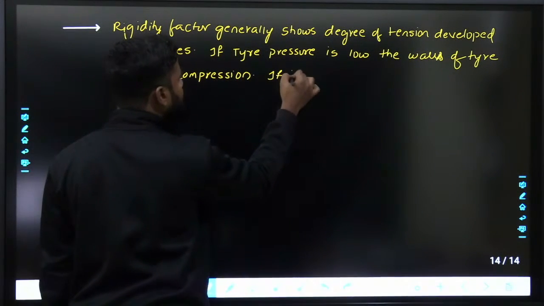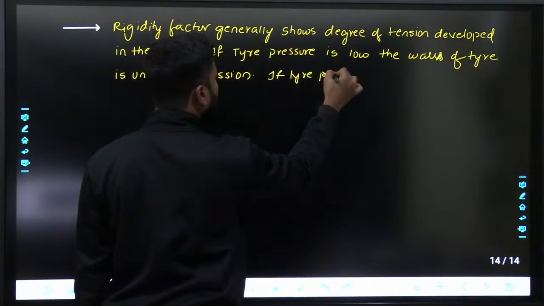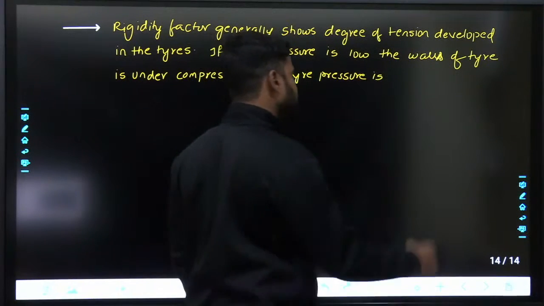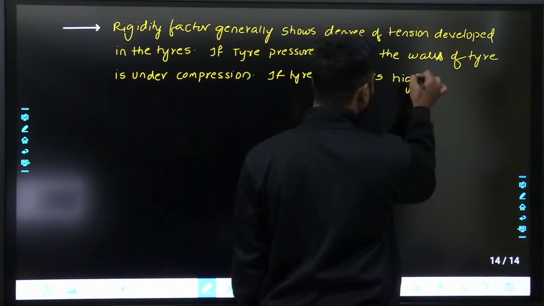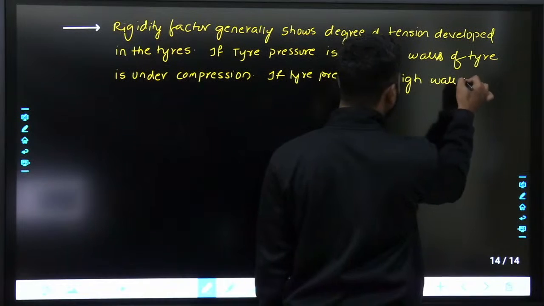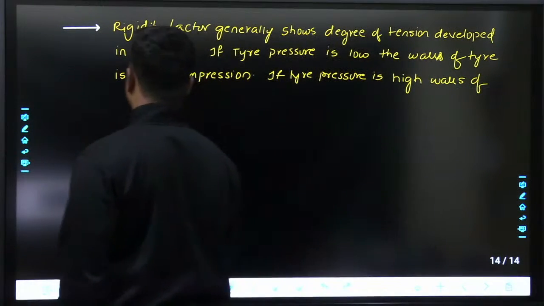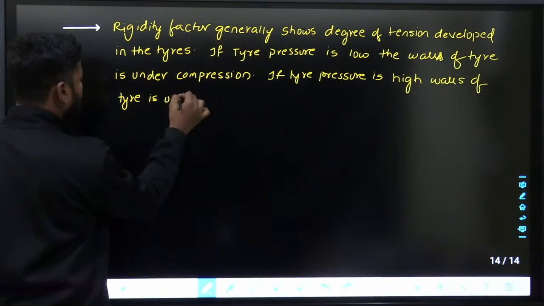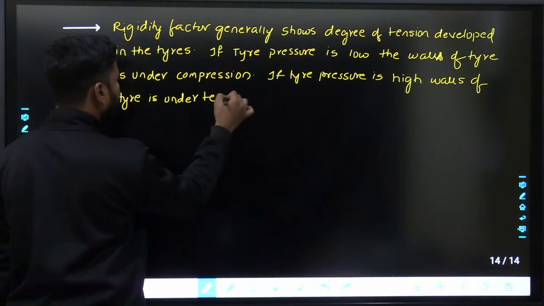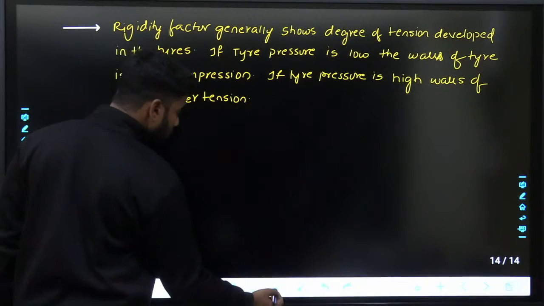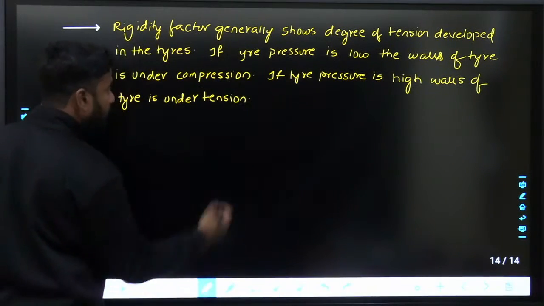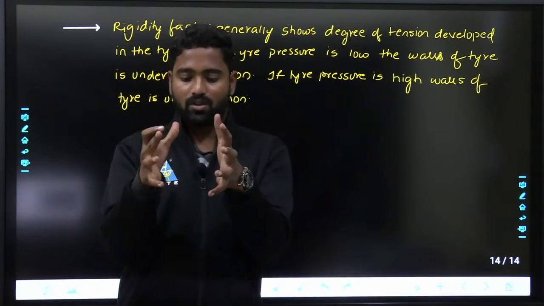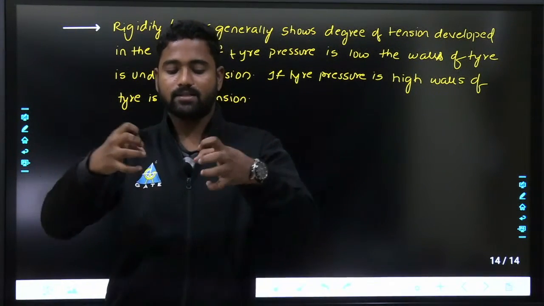If tire pressure is high, the walls of the tire are under tension. If tire pressure is more, the tire expands and it bursts.